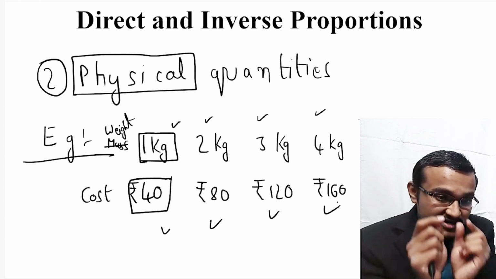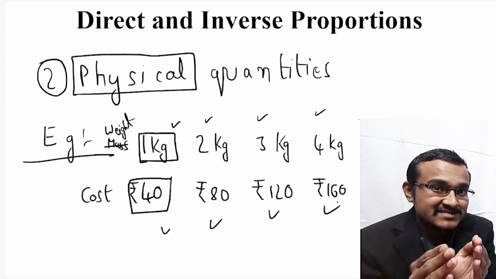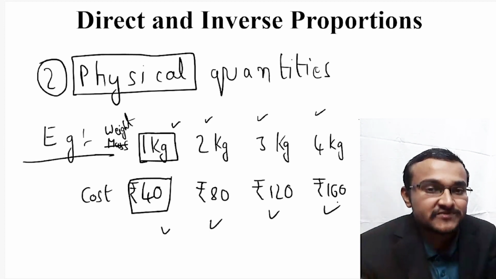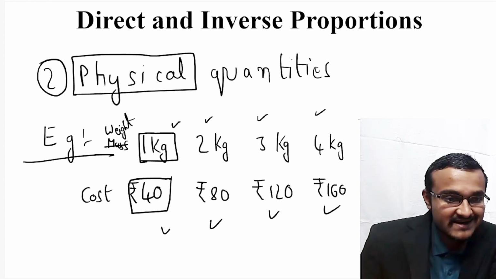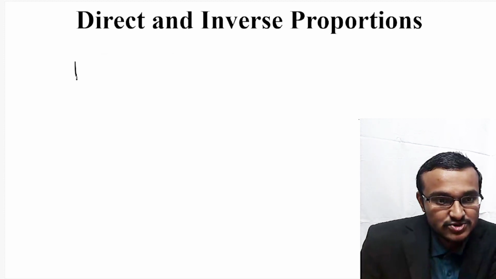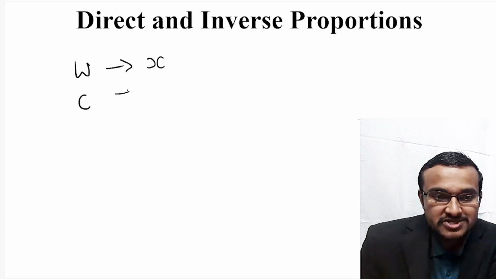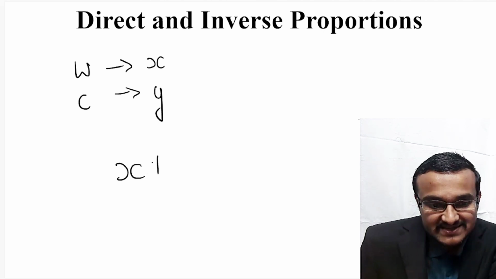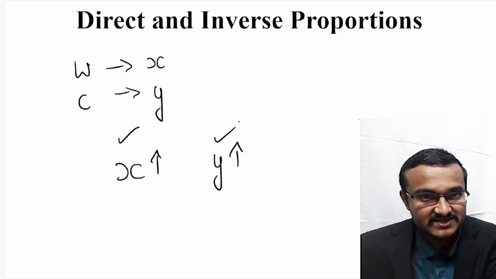That particular constant increase is actually known as the constant, which is linking the two physical quantities. Let me explain that. Here let us take weight as x and let us take cost as y. Here x is increasing and y is also increasing. So when x increases, y also increases.